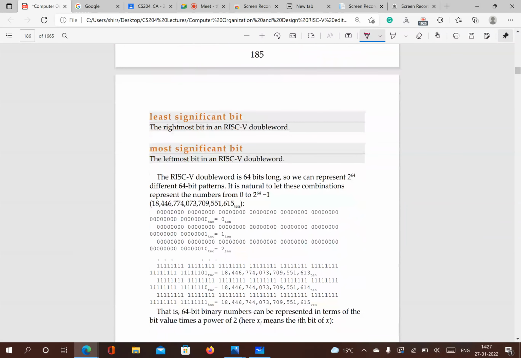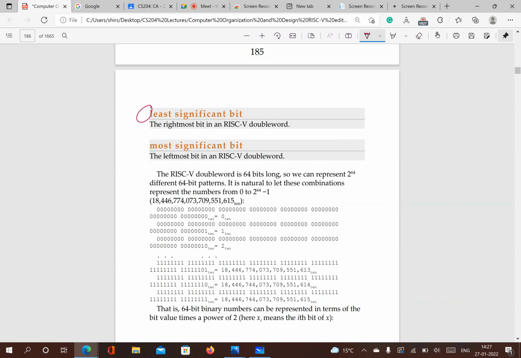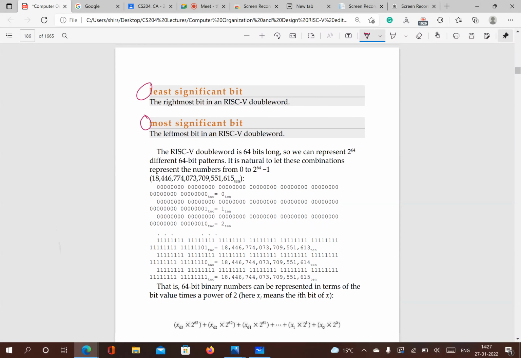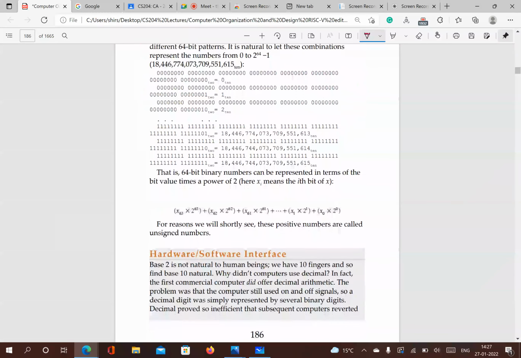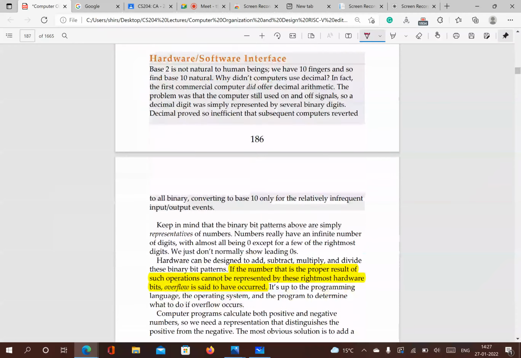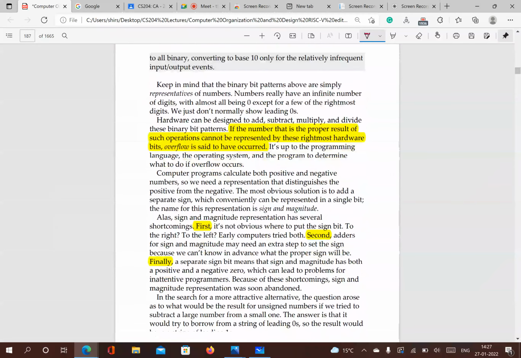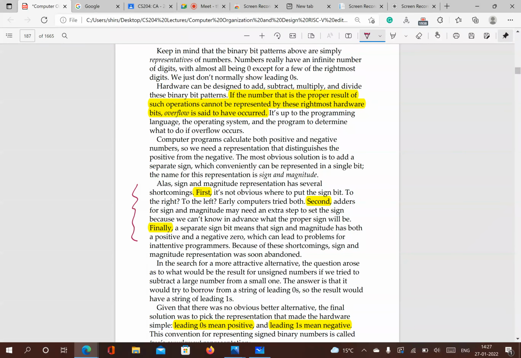I'm only explaining what is important. I've explained what is called least significant bit and what is called most significant bit. And now I'm discussing the format where the most significant bit, or leftmost bit, is used for sign: what are the problems?